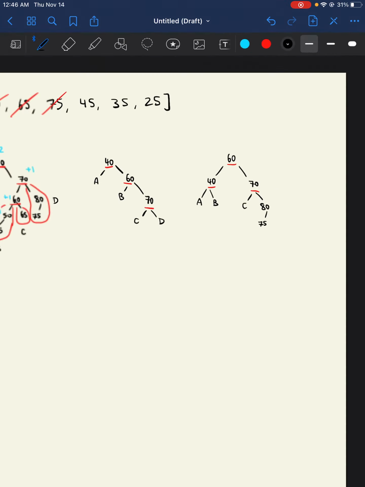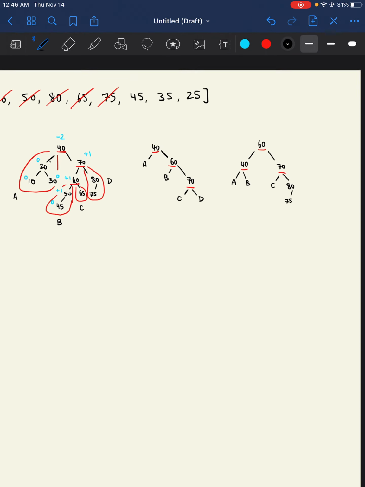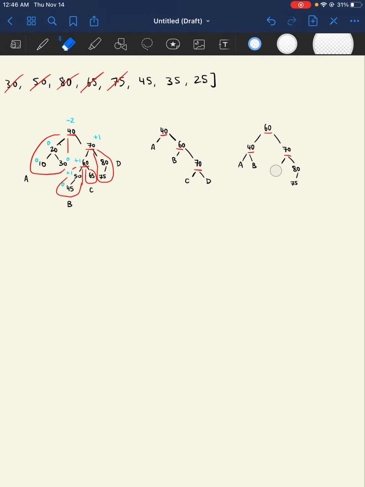This is the right child. Okay, and then tree C, let's just draw these in, actually. It's going to be just the node 65. Tree B was 50, and then 45. Tree A is a doozy. Let's see if I can squeeze this in. It was 20, and then 10, 30. All right, so this is our new tree.